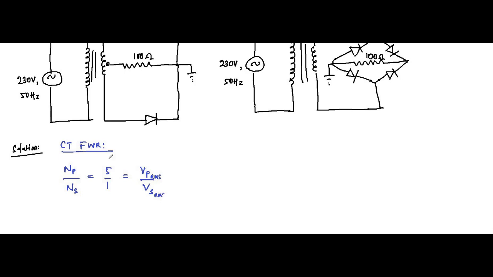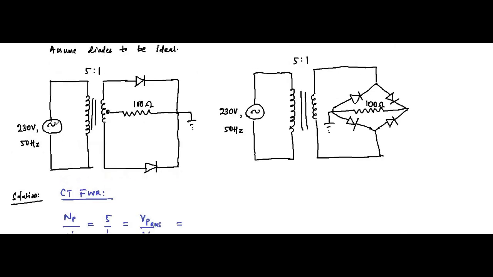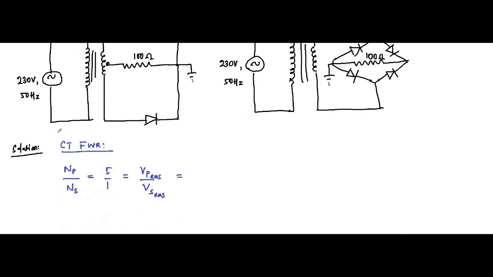Here we'll be using the RMS value because this 230 volt 50 Hz is the RMS value of the AC supply. So that is equal to the primary winding RMS voltage for the center tap rectifier for the first circuit diagram, which is 230 RMS value. The RMS value of the secondary voltage is unknown, so we have to determine that.